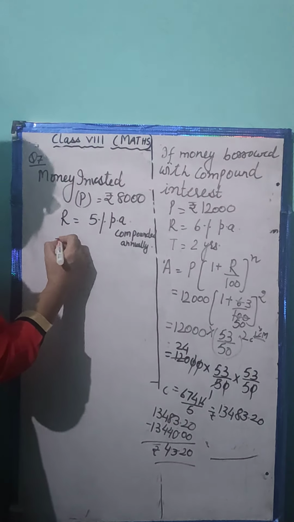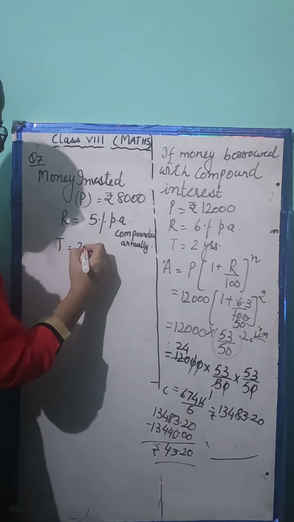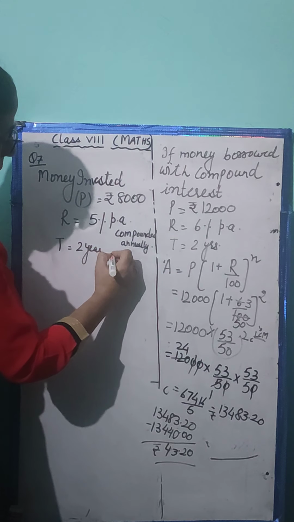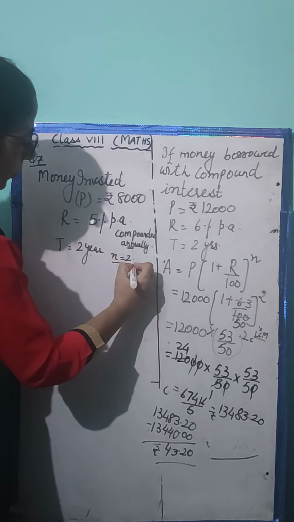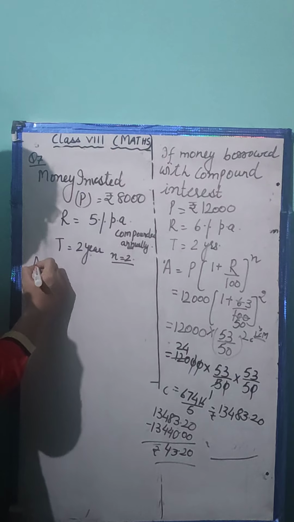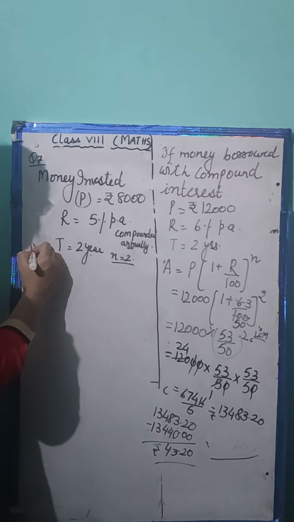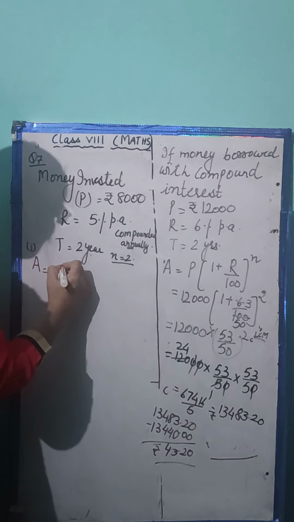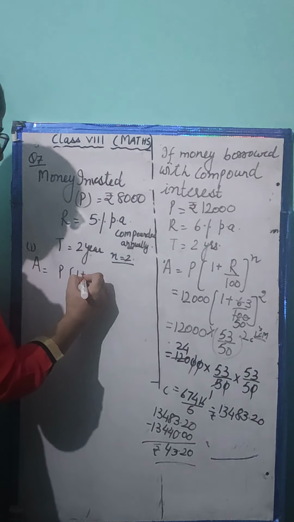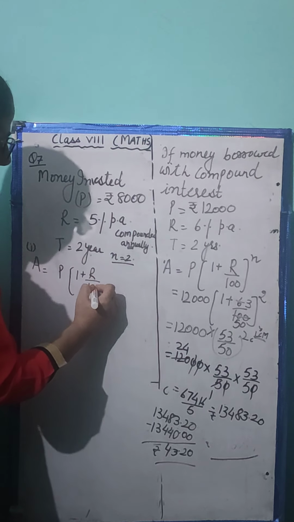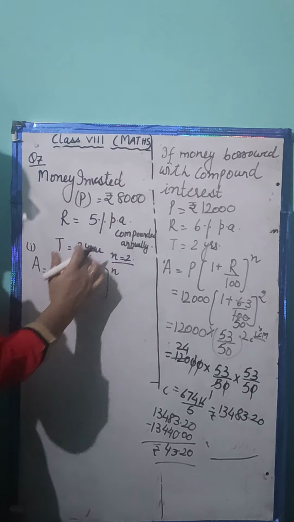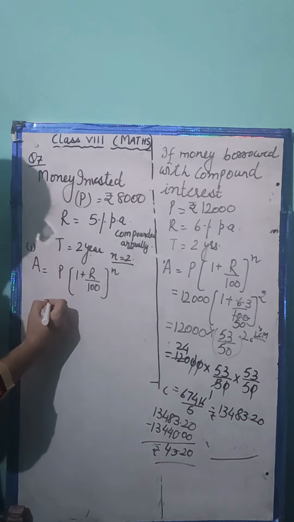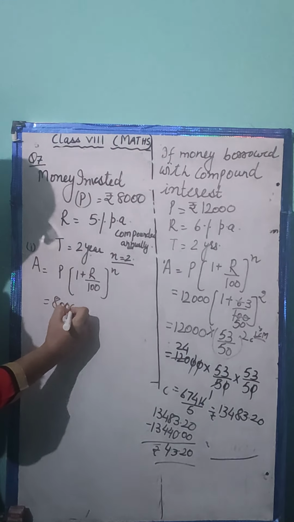So time is equal to 2 years. So because it is compounded annually, n will also be equal to 2. We will find amount. I am doing the first part only. Amount P into 1 plus R by 100 raised to power n. So putting values, what is the principal? Principal is 8,000.